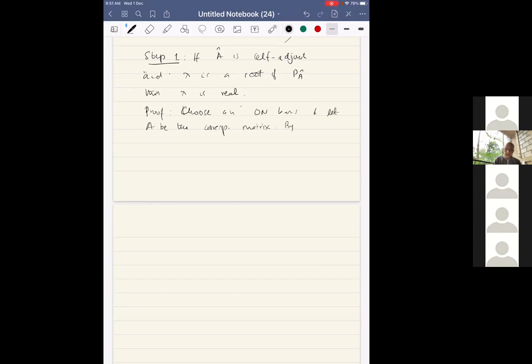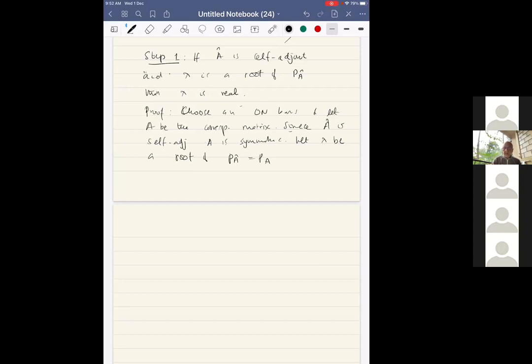By assumption, since A hat is self-adjoint, A is symmetric. Now let lambda be a root of P A hat, which equals P A. Remember, the characteristic polynomial of a linear map is really the characteristic polynomial of the corresponding matrix with respect to any basis.